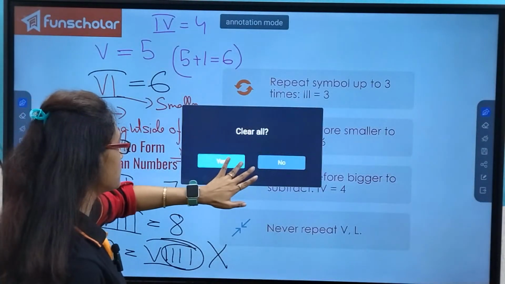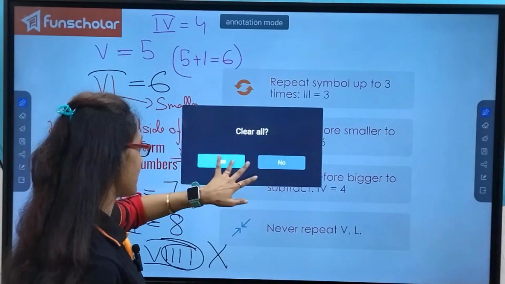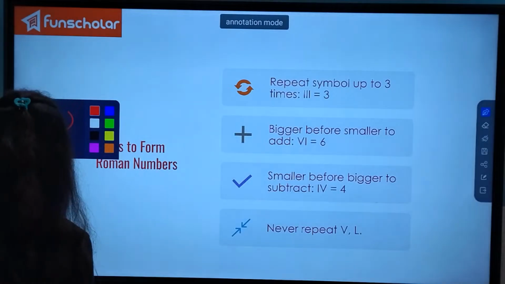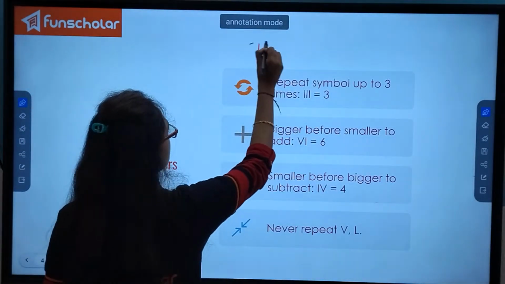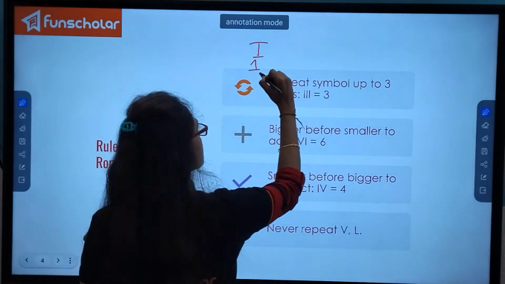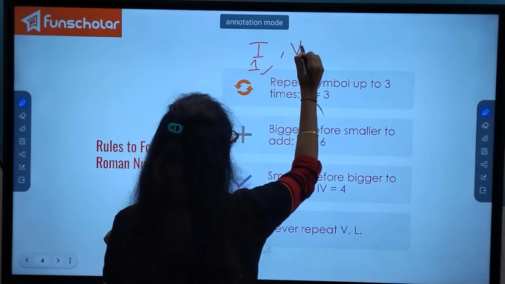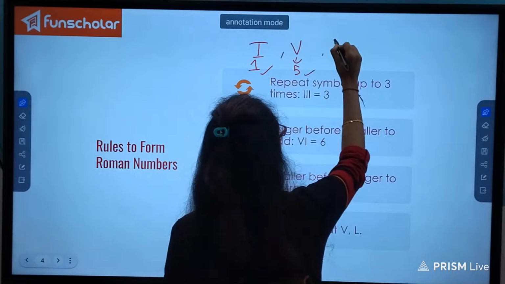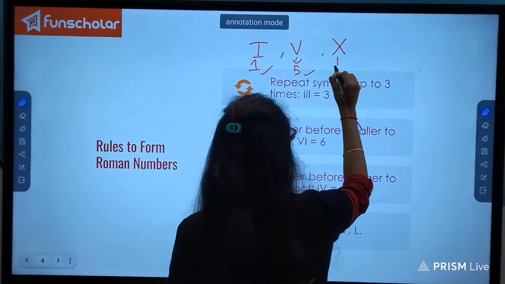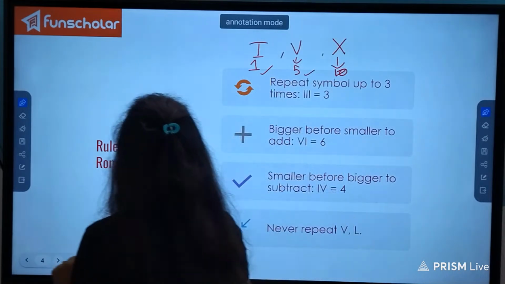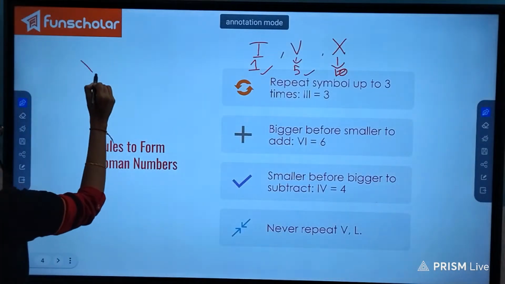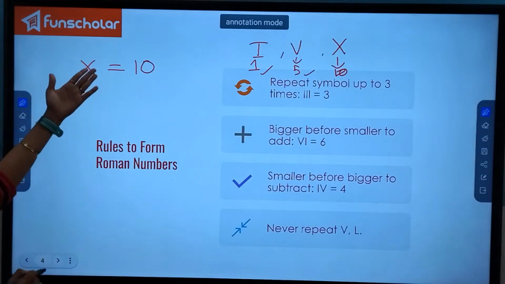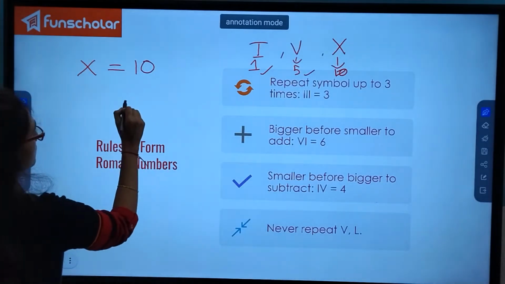We will use the rule of subtraction. And how are we going to use the rule of subtraction? I represents 1, we have used. Then comes V represents 5, we have used. Next comes what? X, which represents 10. So, if X represents 10, and to make 9, we have to do what?